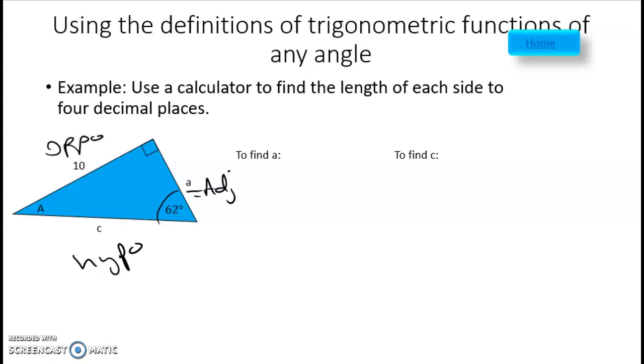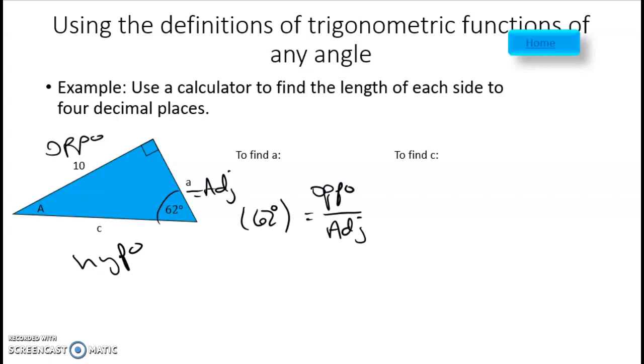So if I'm trying to find A, and the only other information I have is opposite, what I could do is say blank of 62 is equal to, say we do opposite over adjacent.